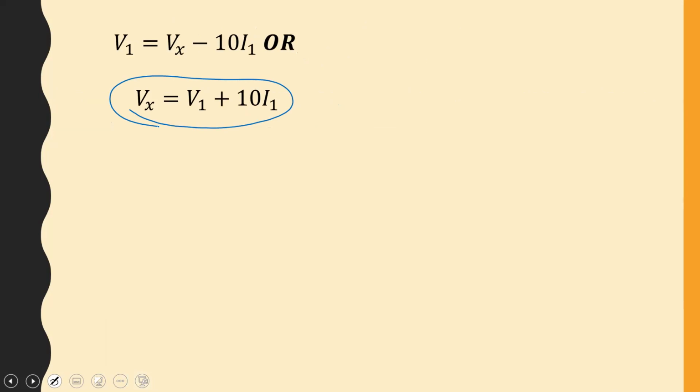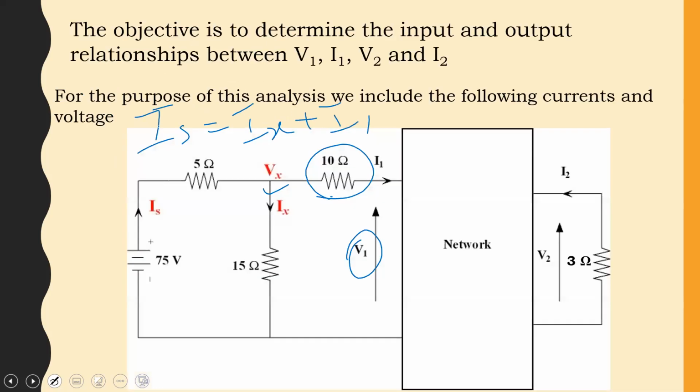When I look at Vx, however, the voltage here is going to be equal to 75 minus 5 Is. Everybody agree with that? Yes, sir. I agree. Good.